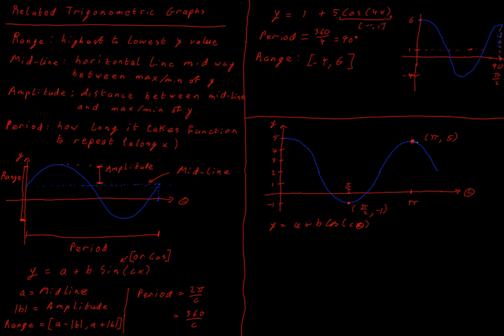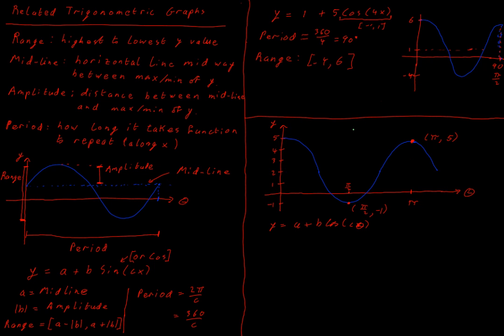So I can use my formula, or I can reason it out. If it takes me from 0 to pi to go through a full period for a cosine function, and it should take 2 pi, that means that I am going twice as fast as I should under normal circumstances. Therefore, my value for c must be 2, because I'm going through a period twice as fast as I would expect to.